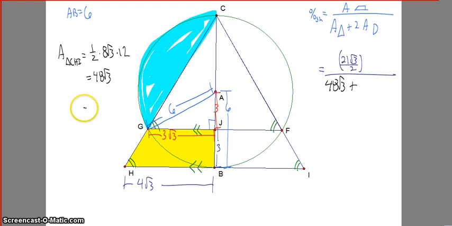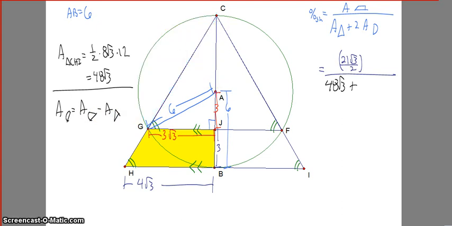In order to find that, we're going to say that that area is equal to the entire sector minus the area of the triangle inside of it. So this entire sector, which I'll shade in green, is represented by the central angle. That's going to be 120 degrees. We know that because the inscribed angle is 60, so this has to be 120.